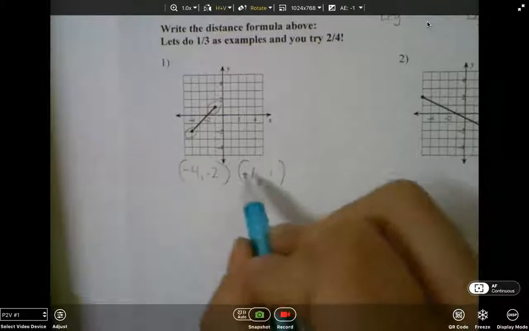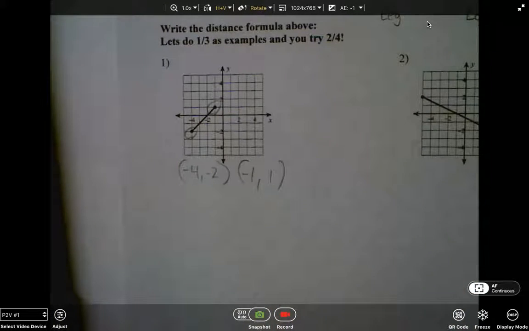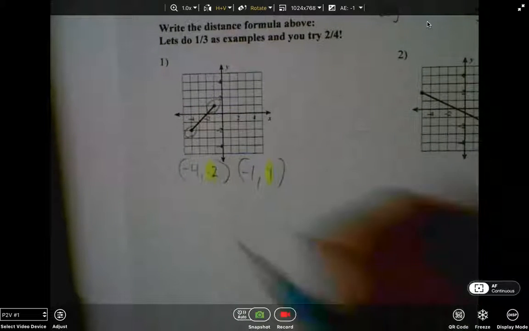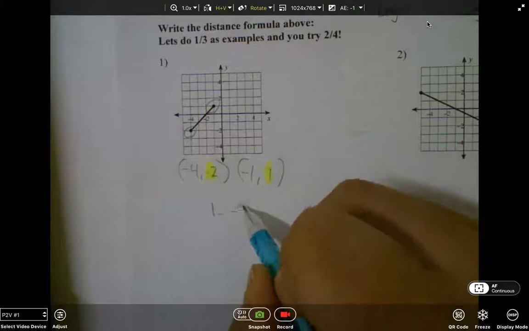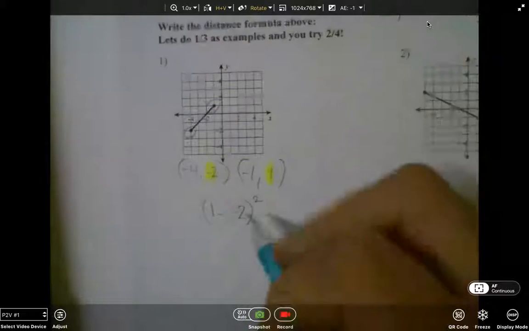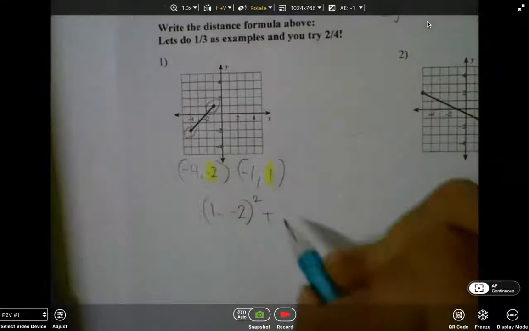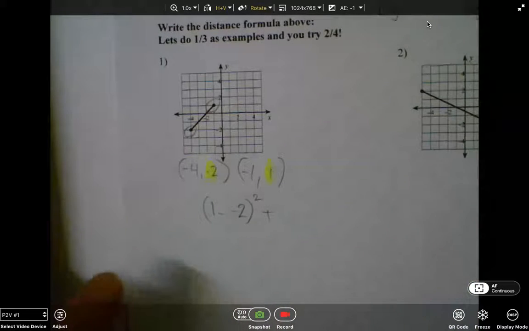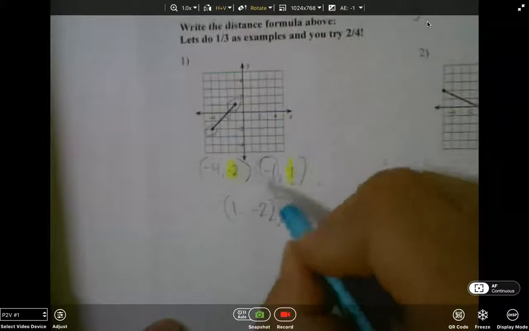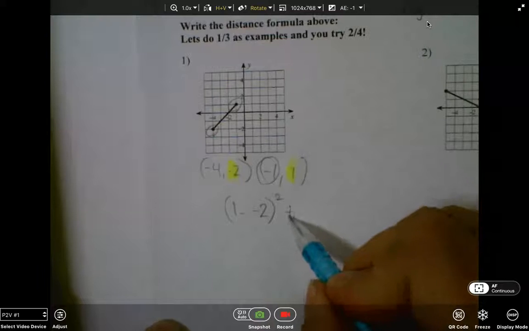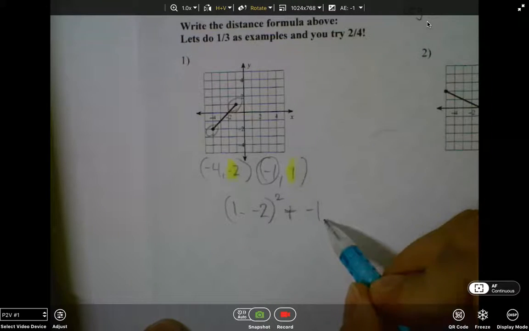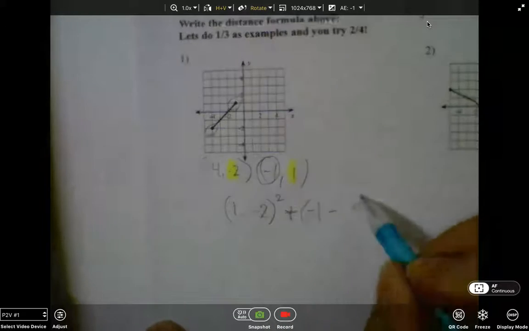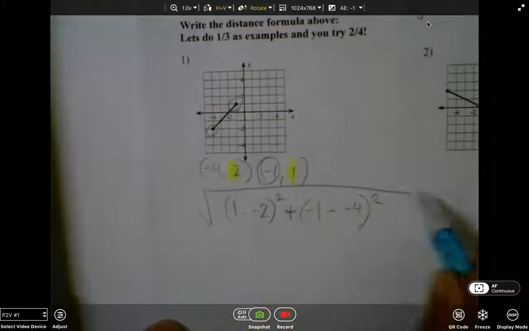Start with the y's: 1 minus -2, squared. Then add the change in x's, which is -1 minus -4, squared, and at the end you square root everything.